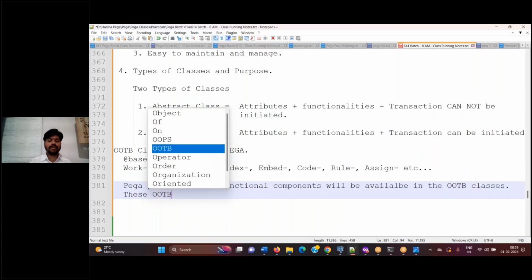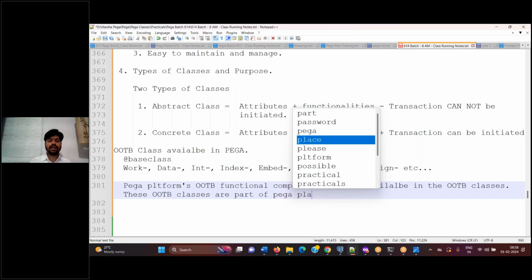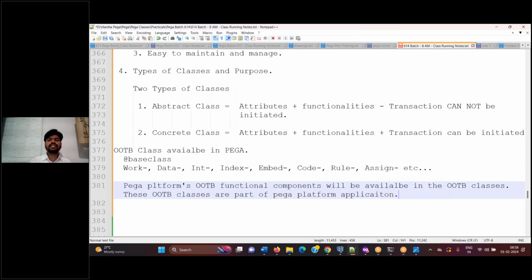These OOTB classes are part of the Pega platform application. This last one is an additional point to make you realize Pega platform functionalities will be there in OOTB classes.